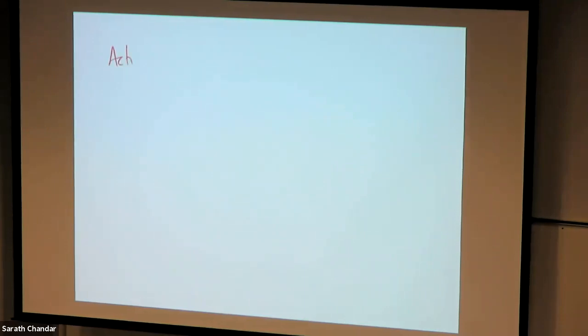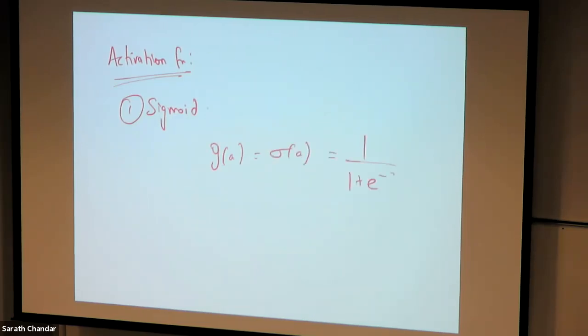The first activation function that one could use is the sigmoid function, which we have already seen before, right? G of A is given by sigma of A, which means 1 by 1 plus e power minus A. So sigmoid would look something like this. It has the range of 0 to 1.